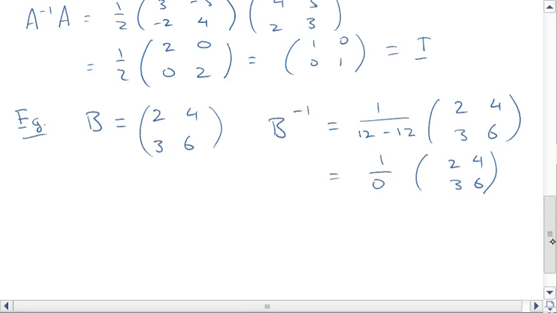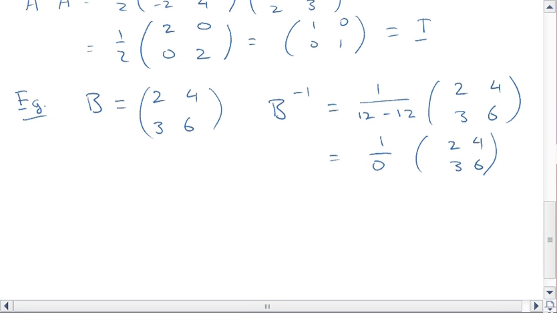Now this to me looks like a problem, because we don't actually know how to divide 1 by 0, right? This is what we call undefined, right? 1 divided by 0 is infinite. So that's a bit of a problem, because our inverse matrix doesn't seem to exist, right?